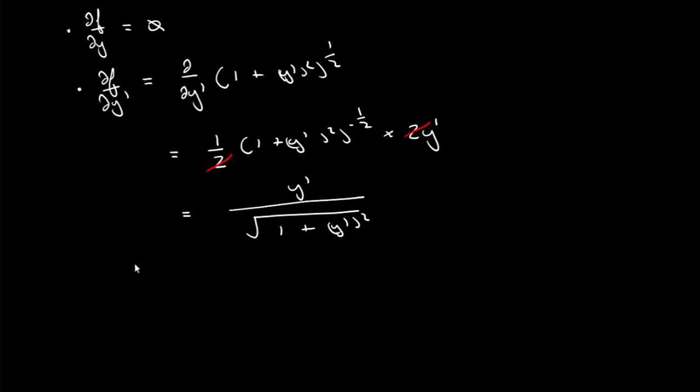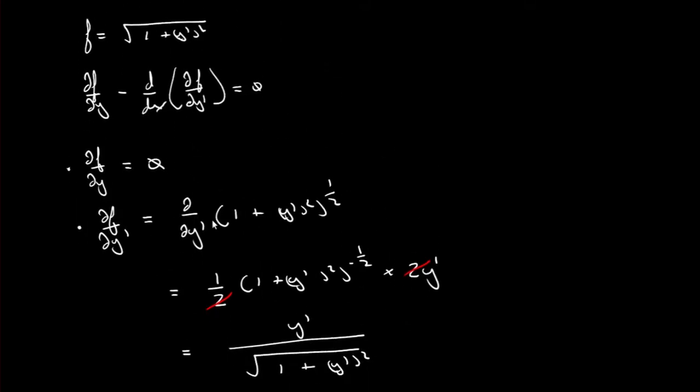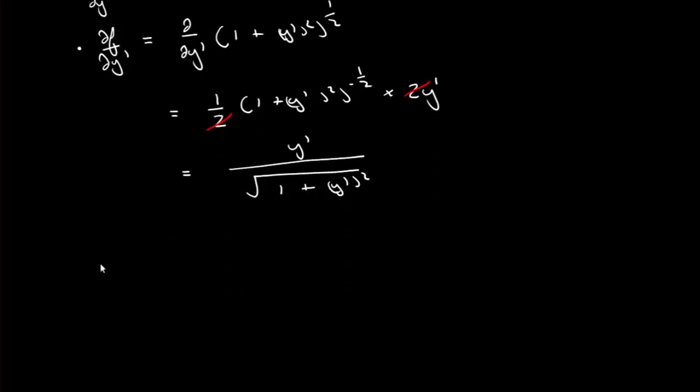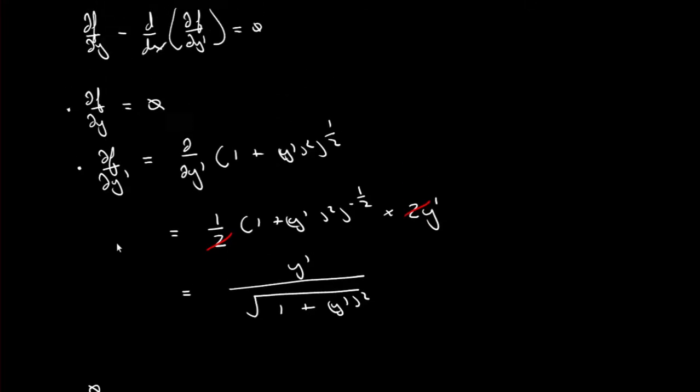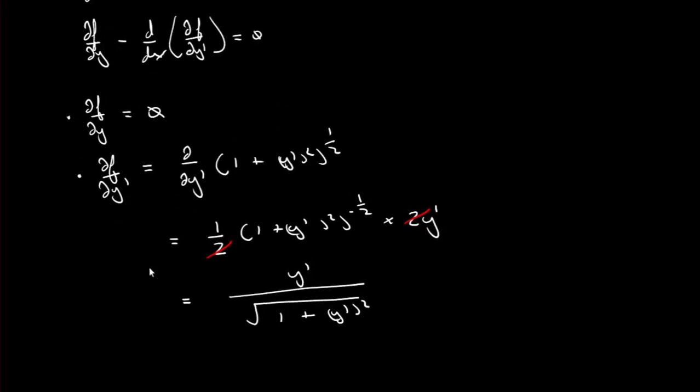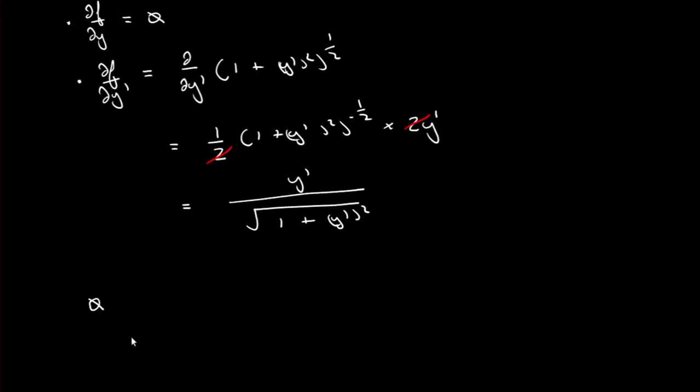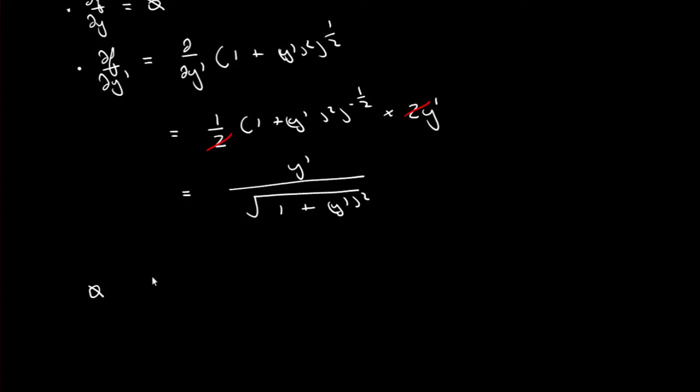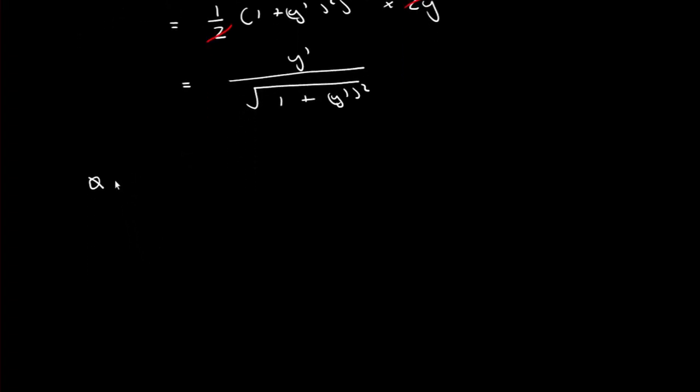Okay, and really we just need to substitute these things into the Euler-Lagrange equation, so we put them in now, and we're going to have 0 for df/dy minus the total derivative of df/dy prime, which we just worked out was y prime over root 1 plus y prime squared.